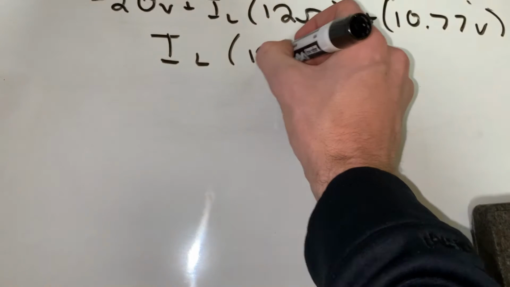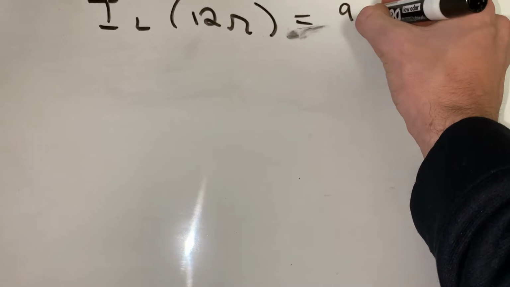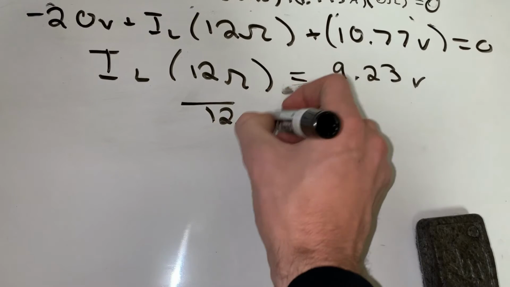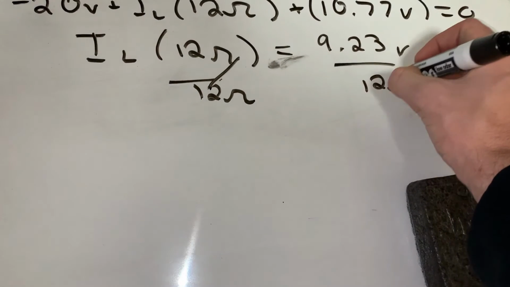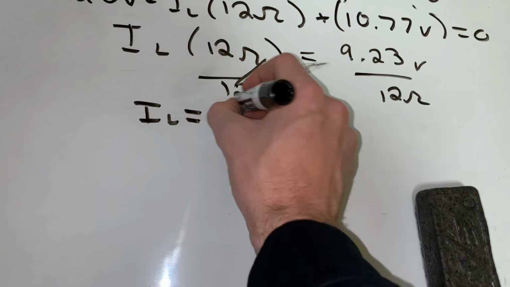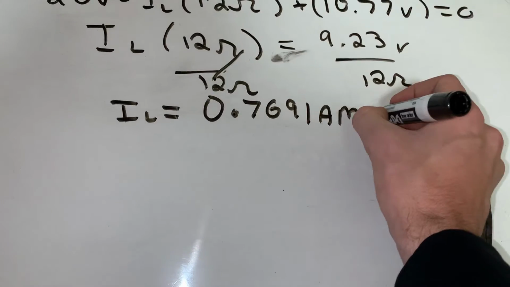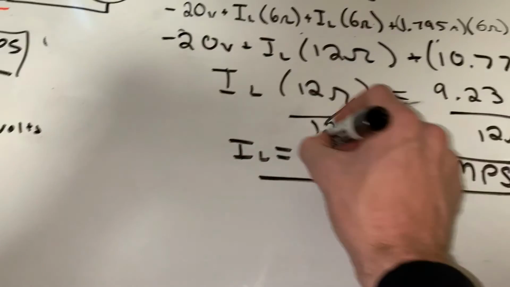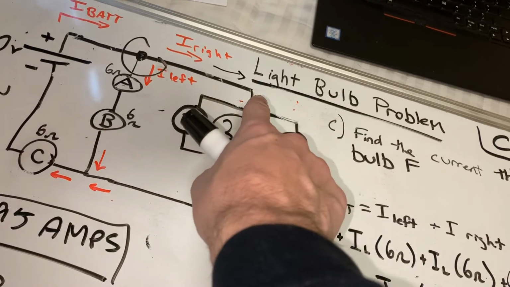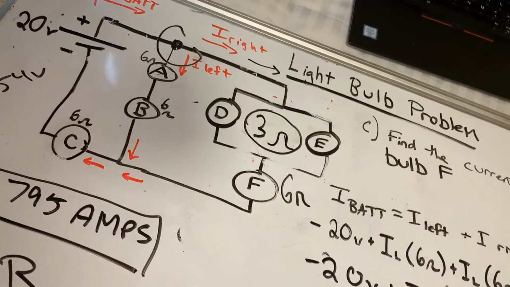IL 12 ohms plus, and this is just 9.23 on this side. If we divide by 12 ohms, IL will become 0.7691 amps. Now, this number here does make sense because we said in the beginning that more than 50% of the current is going to go this way and less than 50% is going to go this way.